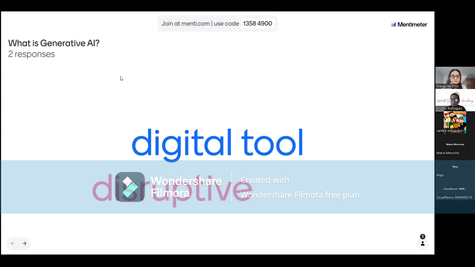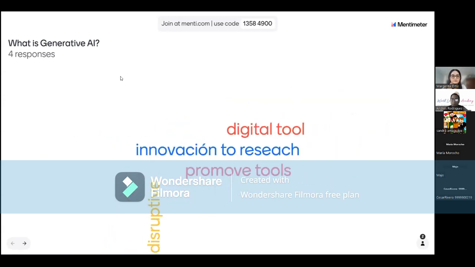For example, when students want to do research and find information, the artificial intelligence makes it a little easier for them to look for it. That's what I heard about it. Okay, to look for information, that's interesting. Let's see what other people have written. It says digital tool, and innovation to do research. Indeed, that also helps.